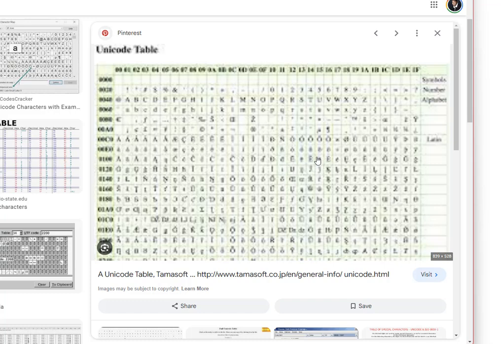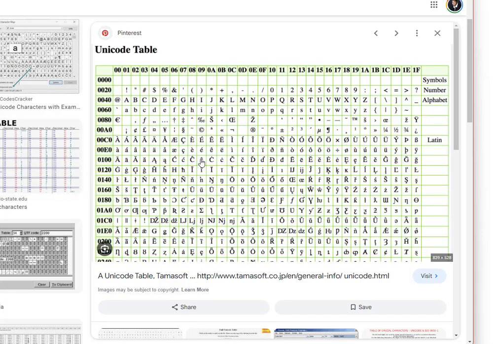Okay, here's an example of a Unicode table.